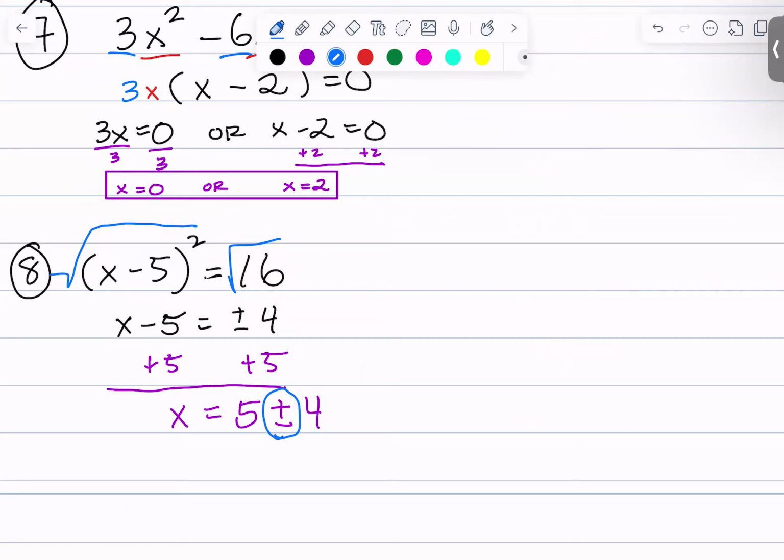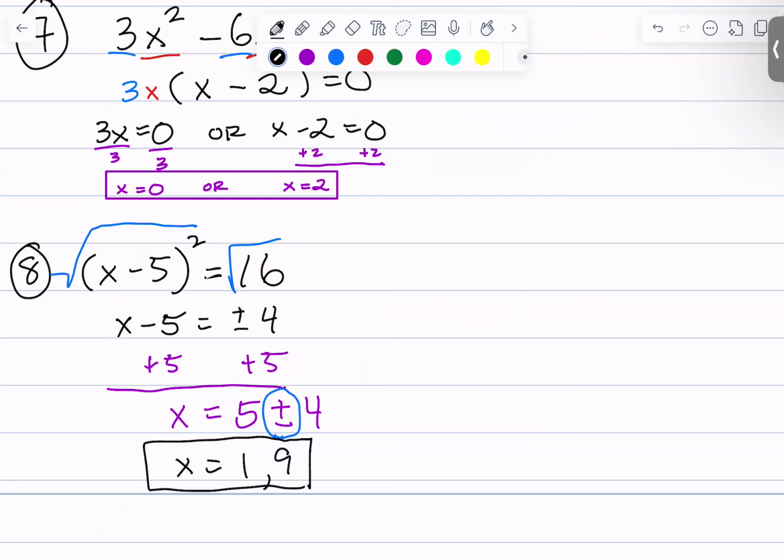Okay, so it's easier to understand. So x equals 5 minus 4, which is 1, or 5 plus 4, which is 9. All right, so it's 1 and 9 as your answers.